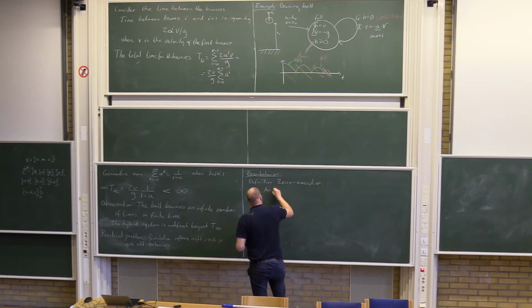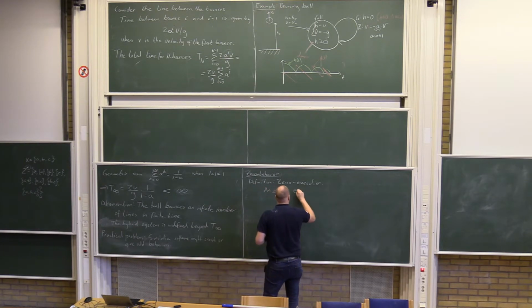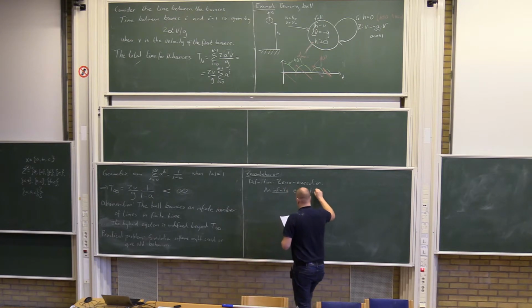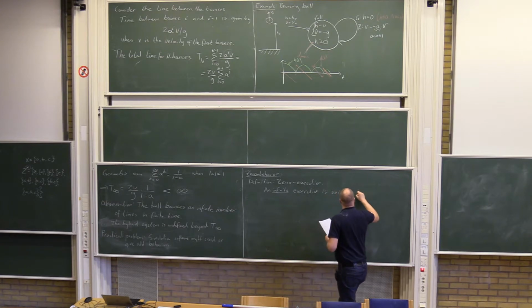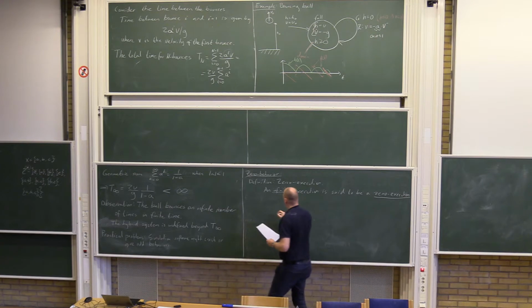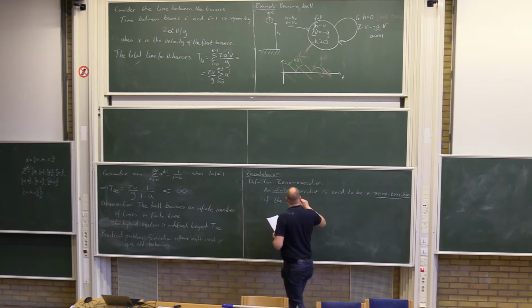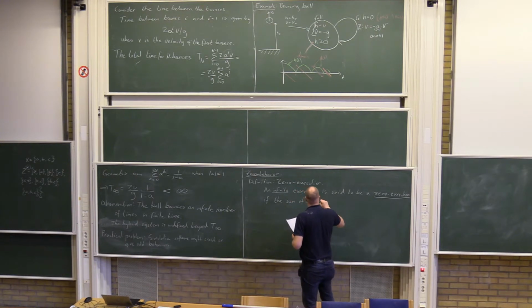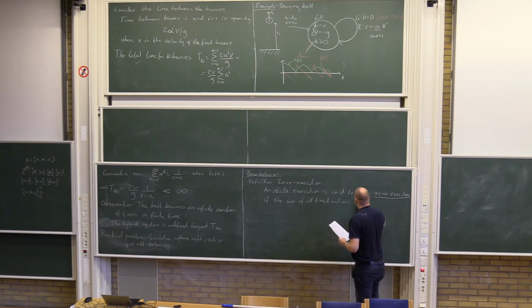An infinite execution is said to be a Zeno execution if the sum of all timed actions is bounded by a constant.